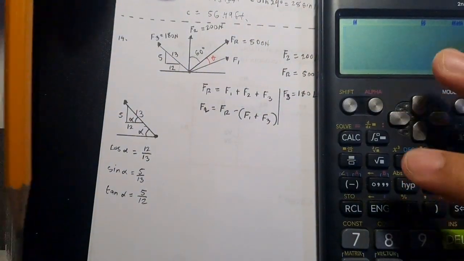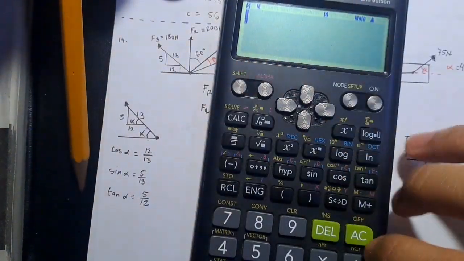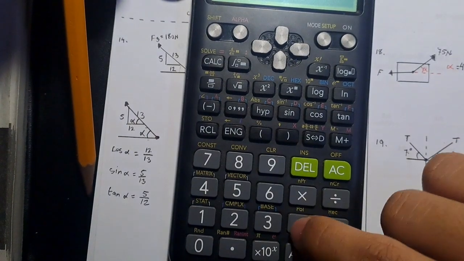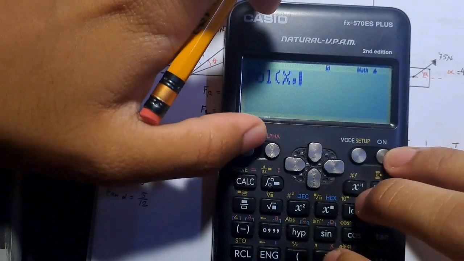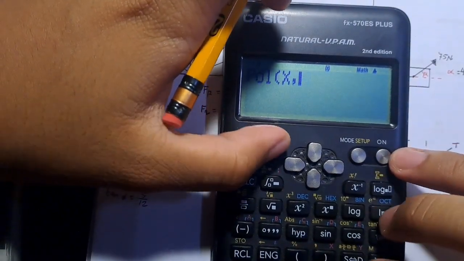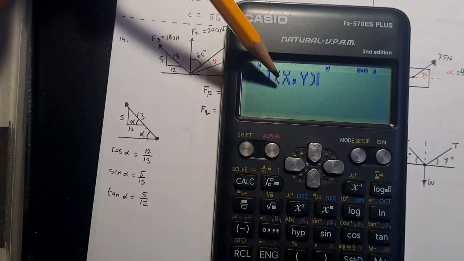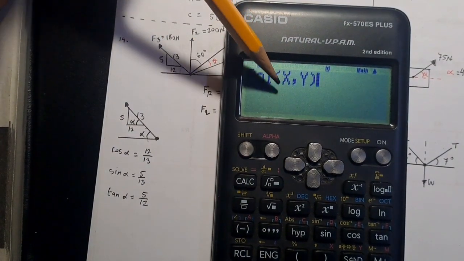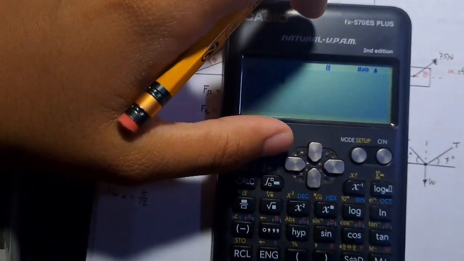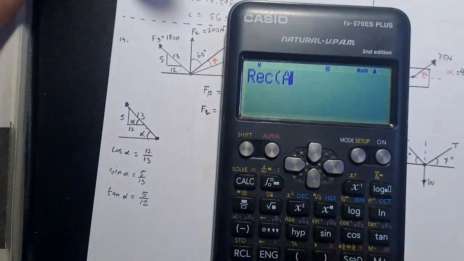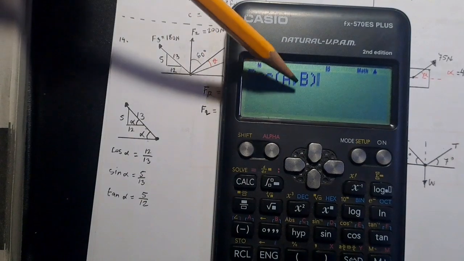So what's the relation here? If we shift and get Pol, then you input X, Y, which is your Fx component and your Y component. Similarly, in Rec, you input the resultant and the angle.